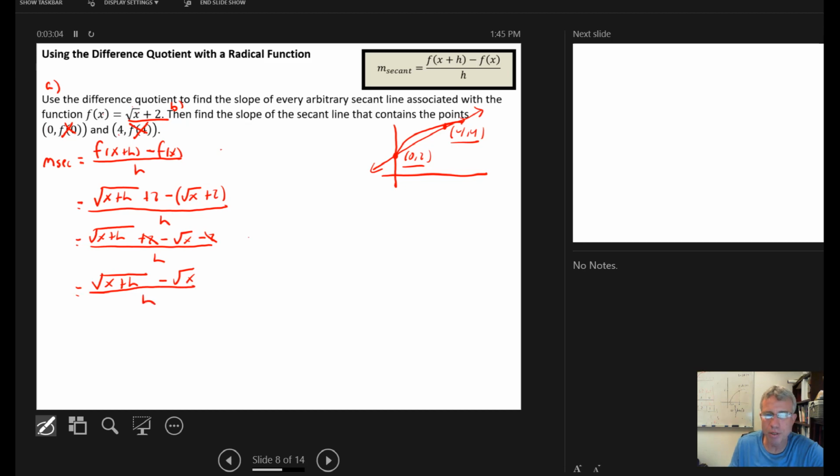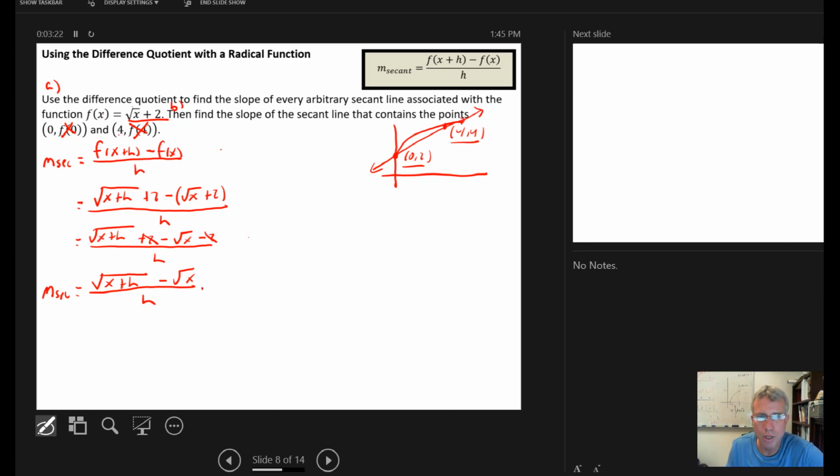And we could stop here and say this works and then move on to part B, but because it's going to be needed when we find slopes of tangent lines, I'm going to go ahead and use a technique we used in homework 3, and I'm going to rationalize the numerator.